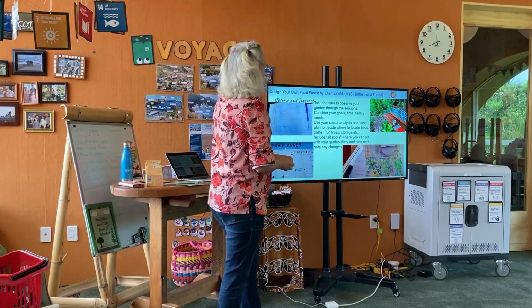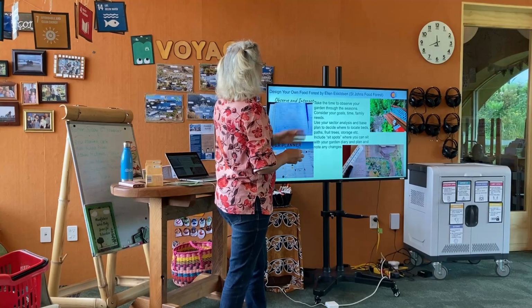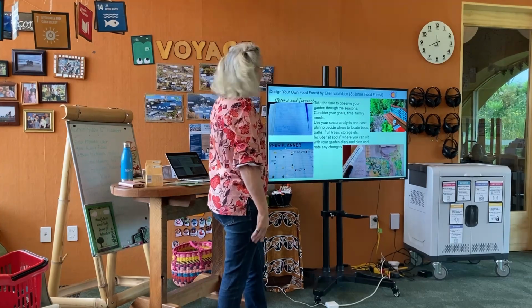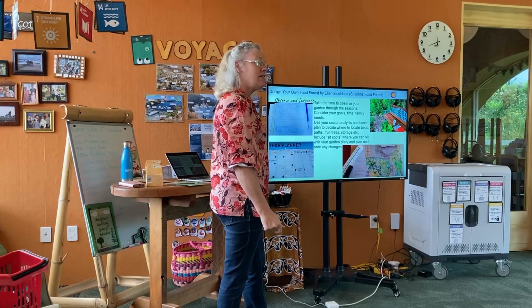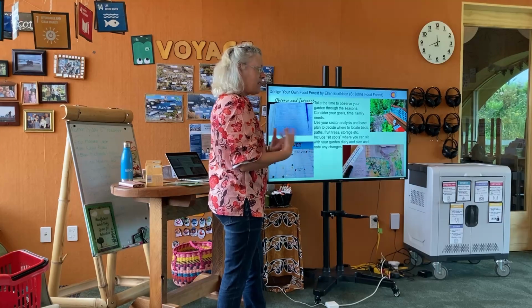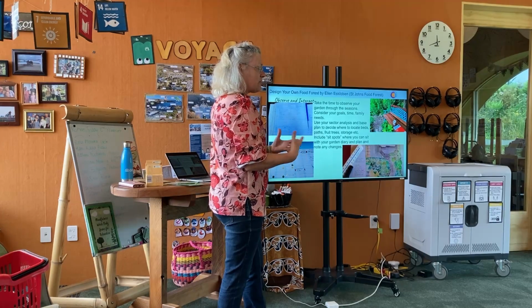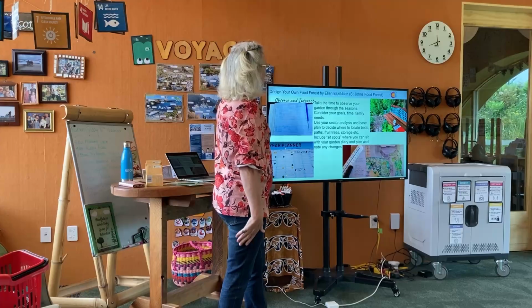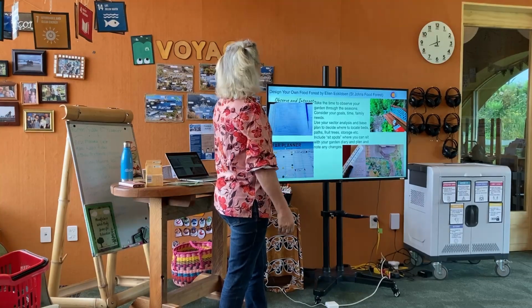Also think about your time management. How much time do you actually intend to spend in there? Think about the time-saving things that you can incorporate in your garden, and your family needs in that.